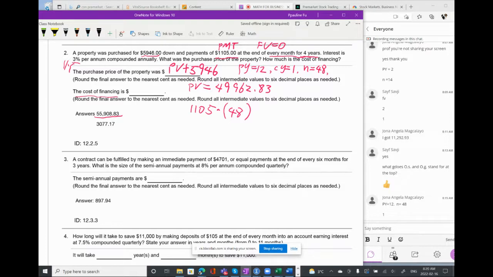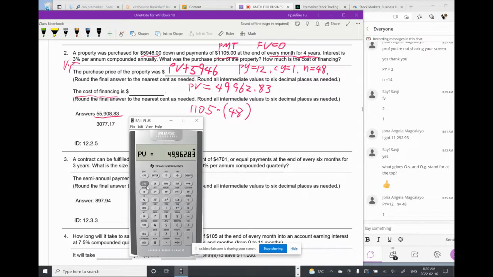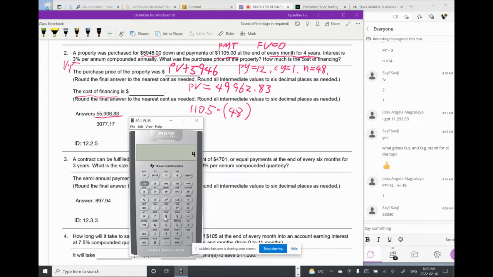So let's figure out this number using a calculator. I will use the regular calculator. Second quit, 1105 times 48. Thank you, Safi. 53040. Thank you so much.